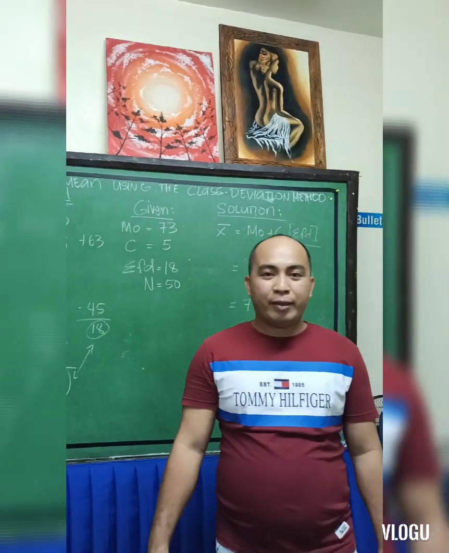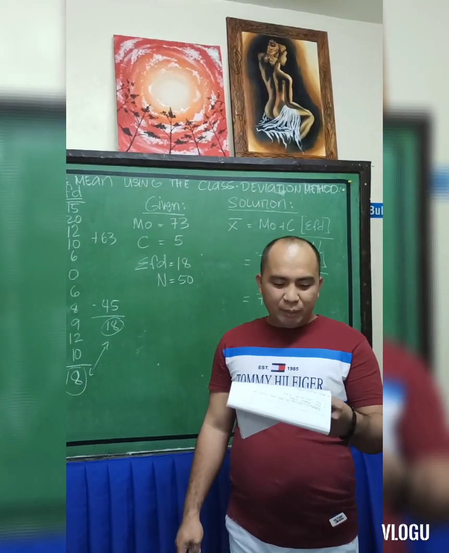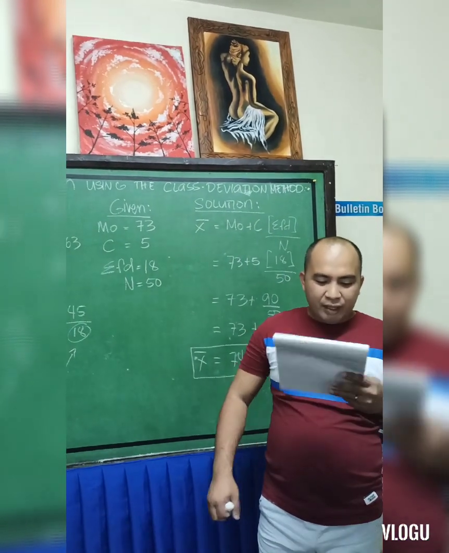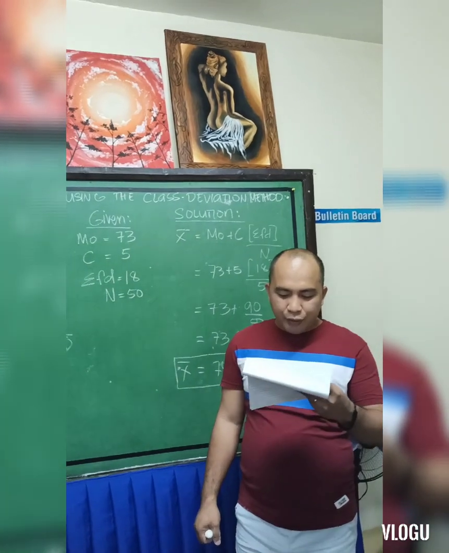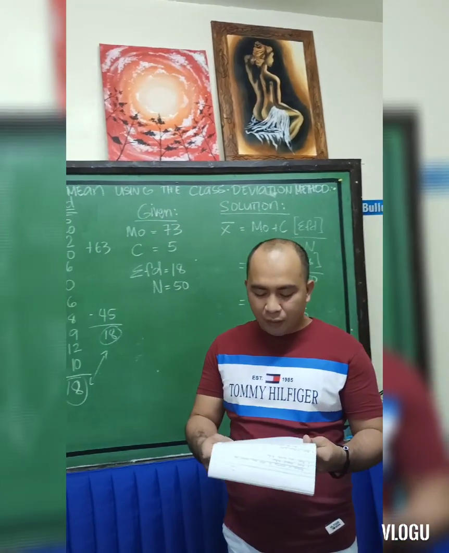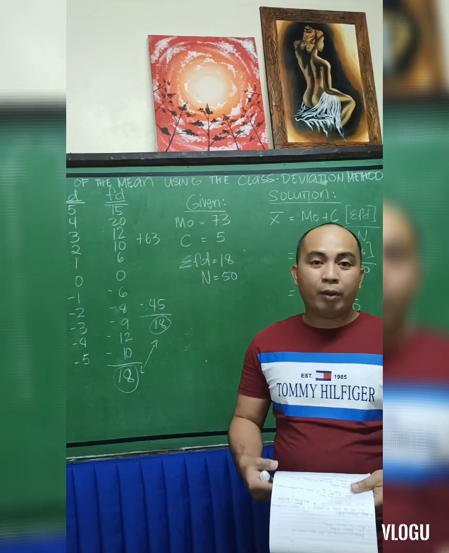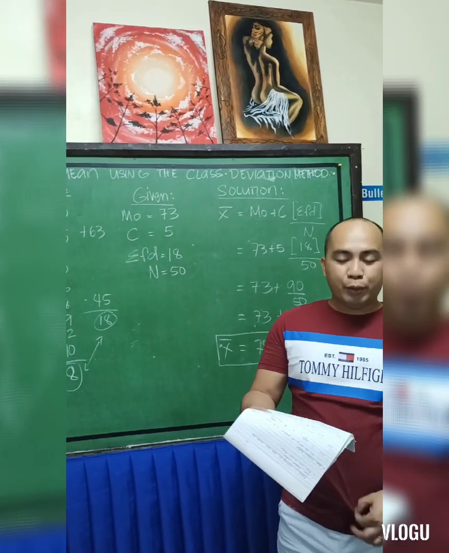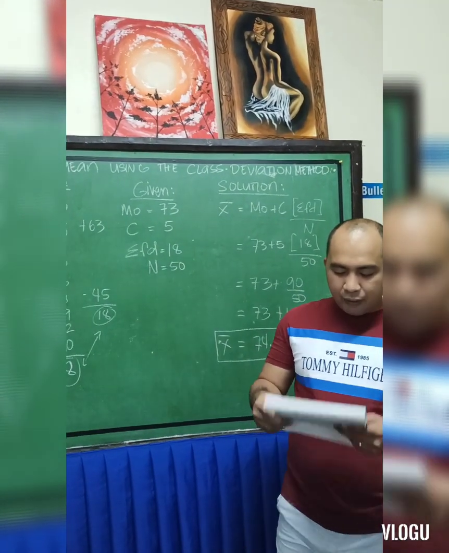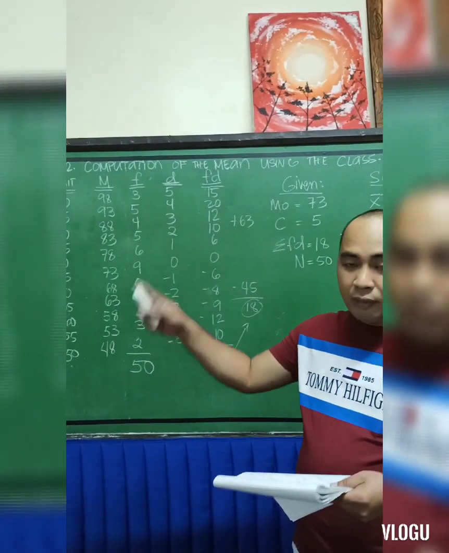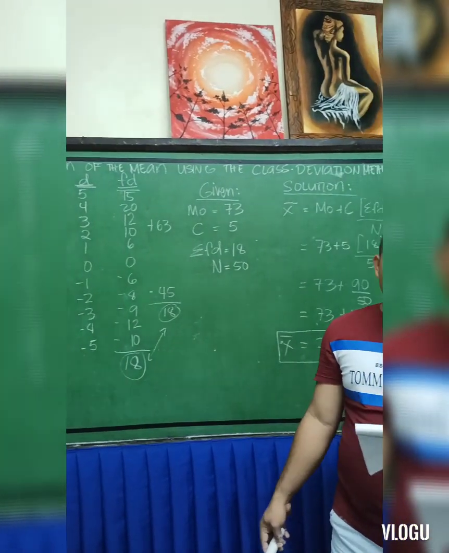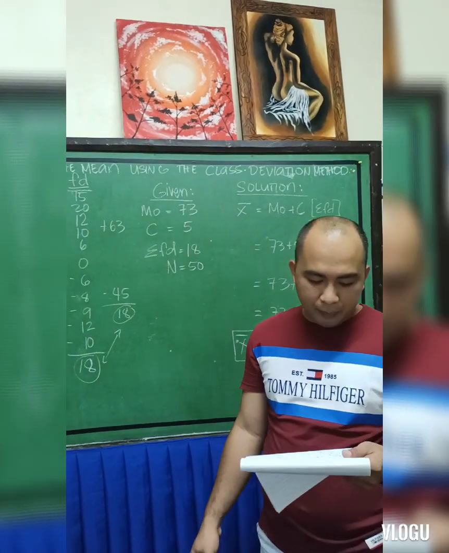Next example using the second method, which is the computation of the mean using the class deviation method. Class deviation method is a method that gives a shorter way in computing the mean in a form of frequency distribution. Earlier in the midpoint method, we were looking for the product of frequency and the midpoint.